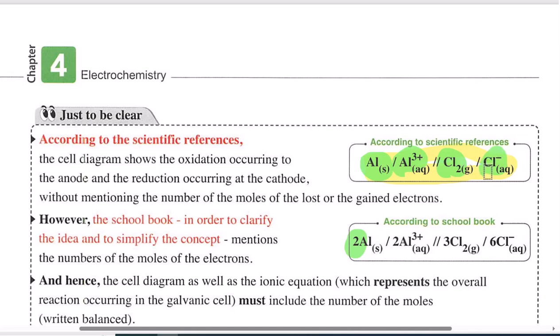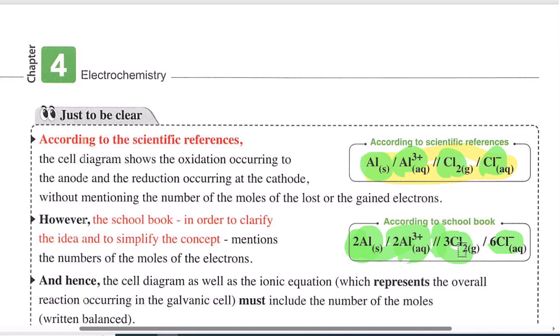So here in our curriculum we have to write the balancing of the diagram as well as the electrochemical equation. Two aluminum solid oxidized into 2 aluminum positive 3 aqueous, salt bridge, and the reduction process which happens to 3 chlorine gas into 6 chloride ions aqueous.